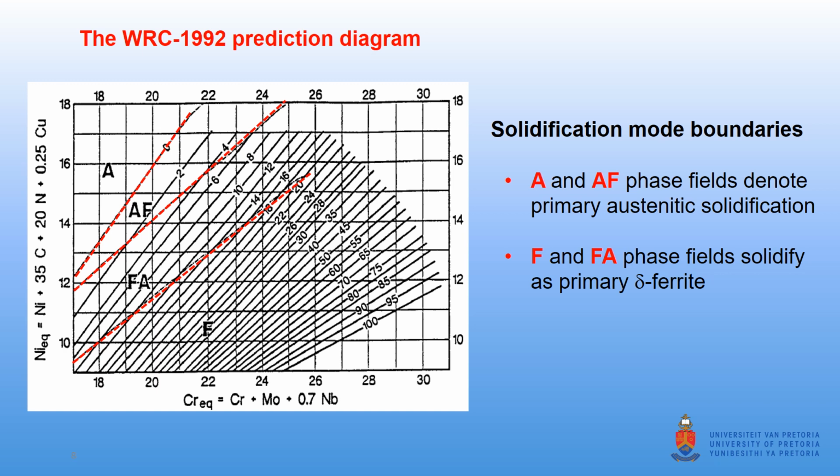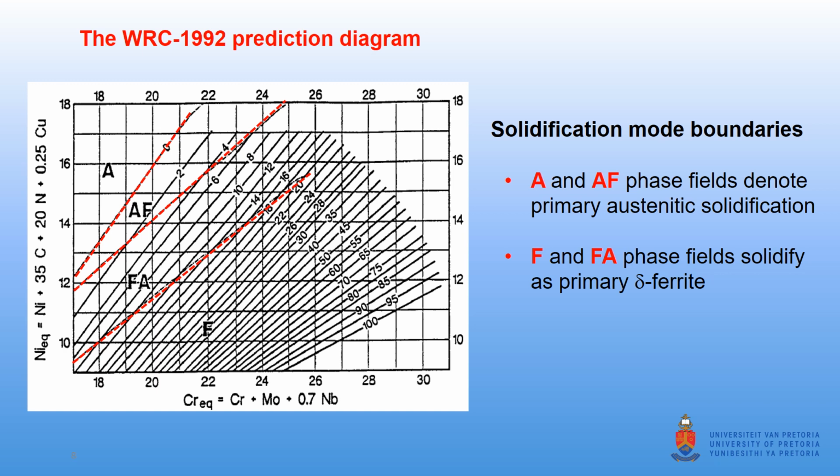Kotecki and Sievert included the solidification mode boundaries in their diagram, which are highlighted in the red broken lines. These lines enable the user to predict the primary solidification mode of the austenitic welds. The A and AF phase fields in the diagram denote primary austenitic solidification.